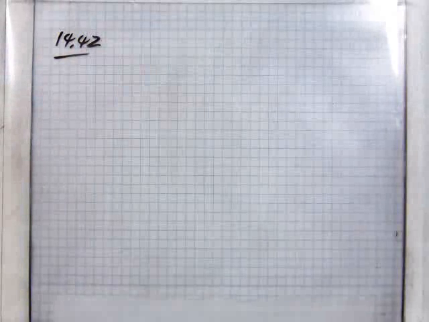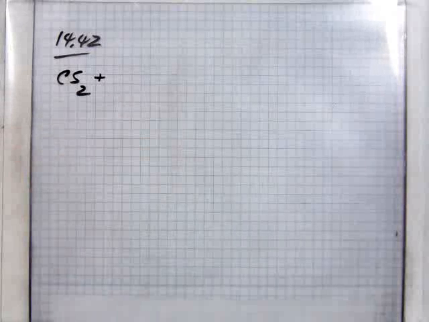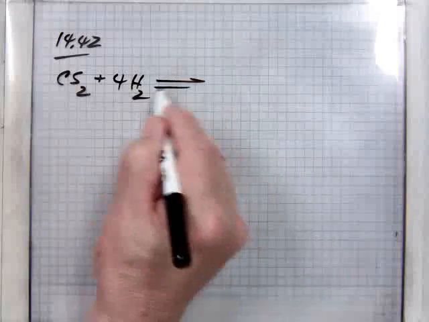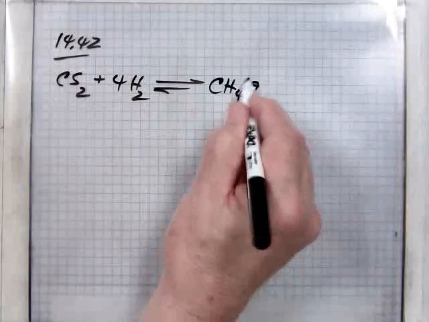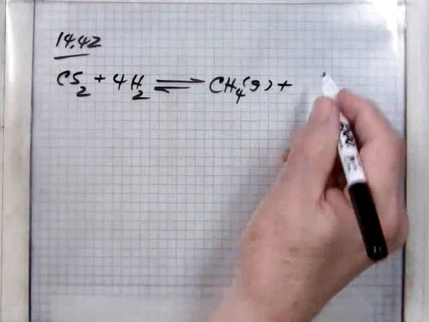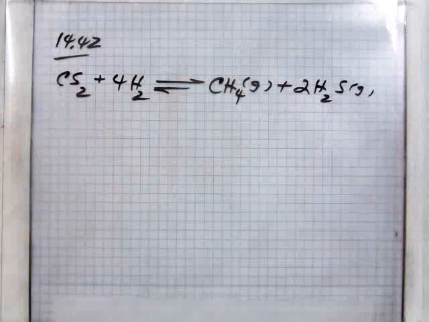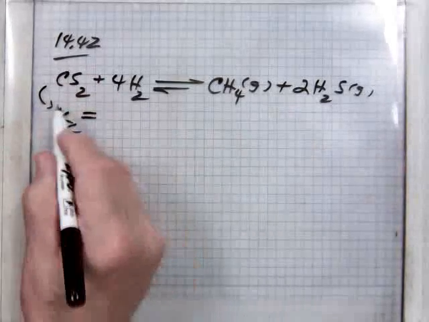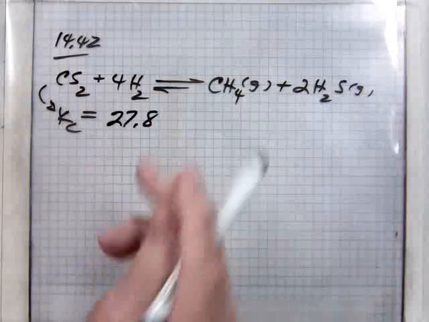Okay, so you're given an equation: CS2, and it's all gas, to save space, plus 4 H2, gives CH4 and 2H2S as a gas. Okay, and the Kc for this reaction is 27.8.